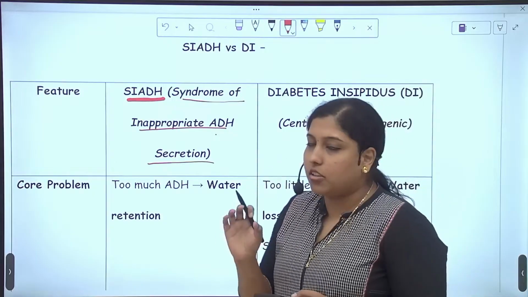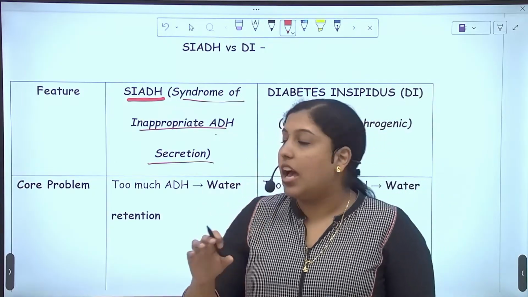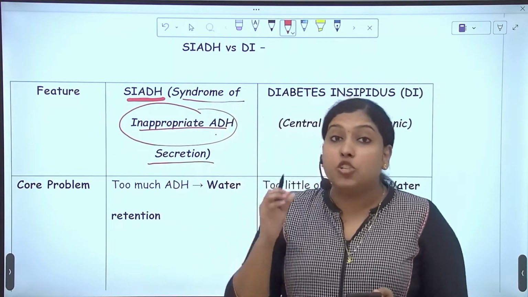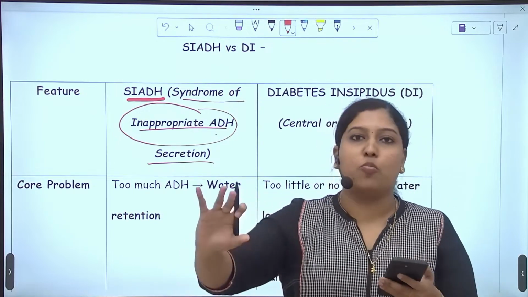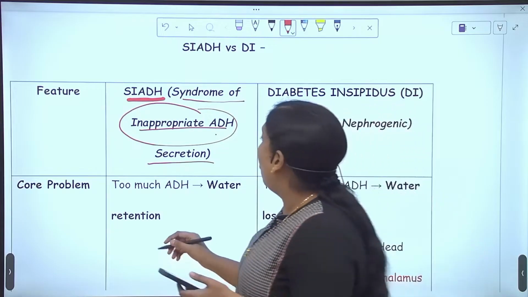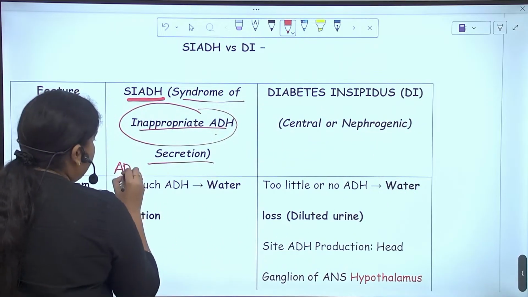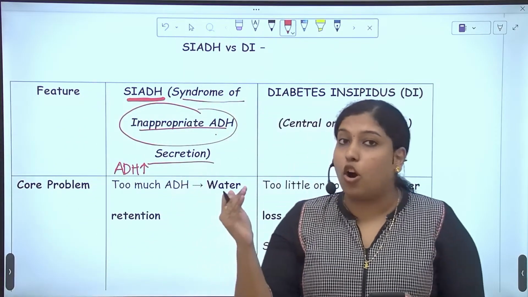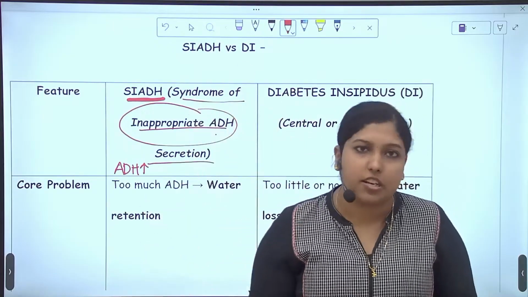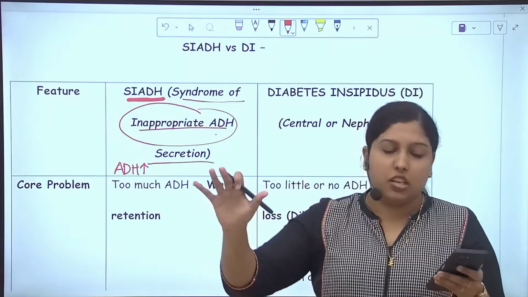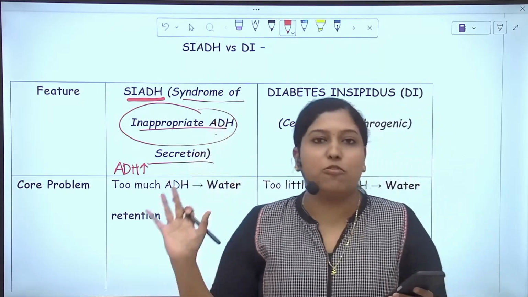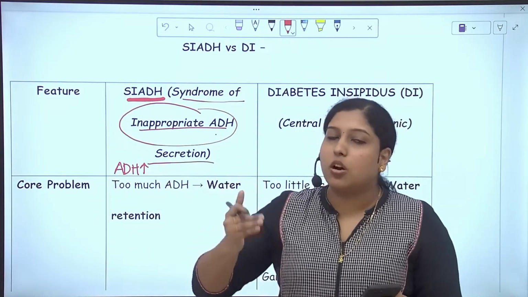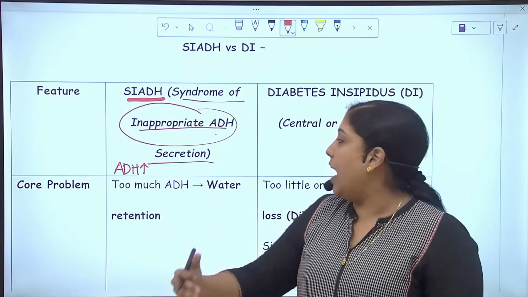The most important thing to remember is, as the name implies, it is inappropriate secretion of antidiuretic hormone, which means ADH is released just like that. The antidiuretic hormone is secreted more, too much of it, without any kind of control. It is secreting inappropriately. That is termed SIADH, the syndrome of inappropriate secretion of antidiuretic hormone.